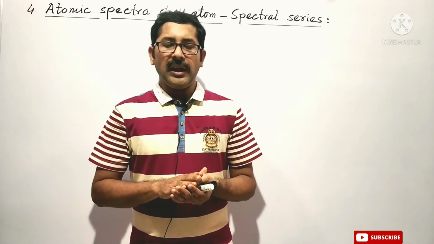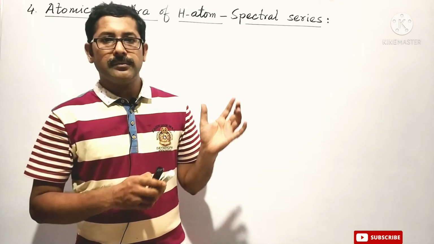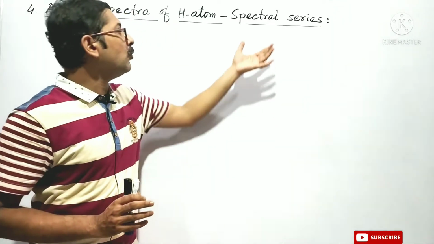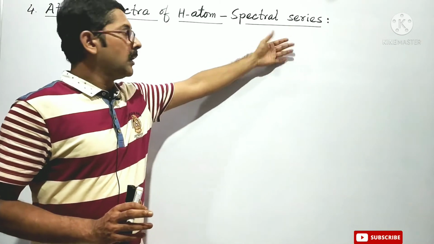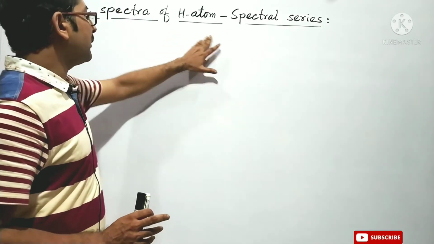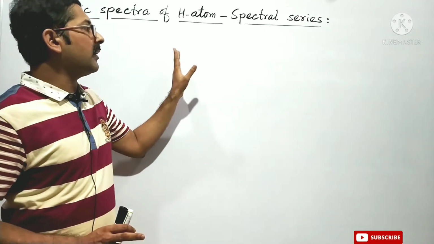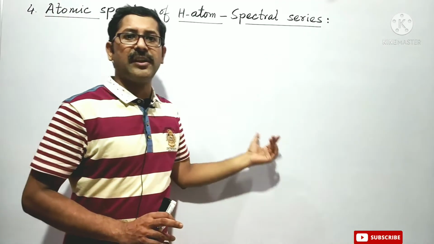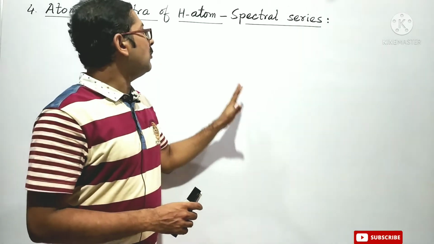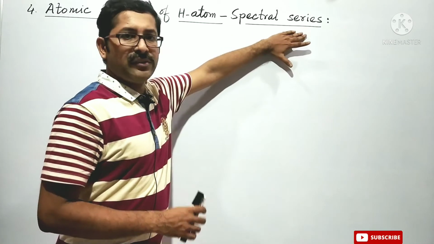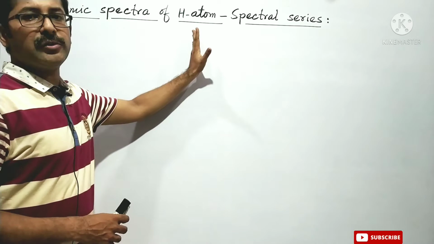Now we will discuss spectral series of hydrogen atom. Firstly, we have to know how these spectral series have come, because hydrogen atom has only one electron, but actually a series of lines are produced. So how are these series of lines produced from one electron of hydrogen atom?